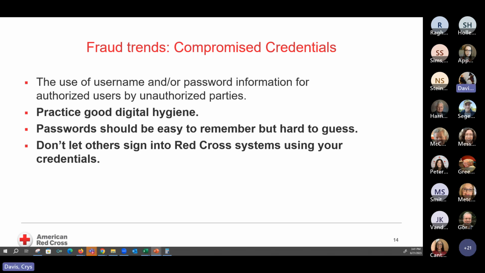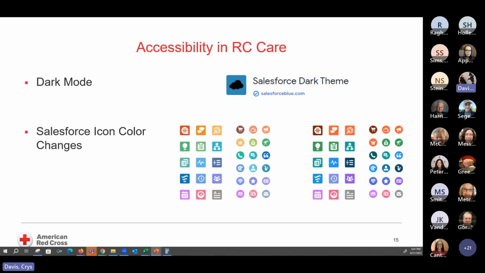Okay, so we are going to change gears completely and talk about accessibility. So I will divulge that I am color deficient. I am partially red-green color deficient. And so for me, differentiating between colors is often quite difficult.